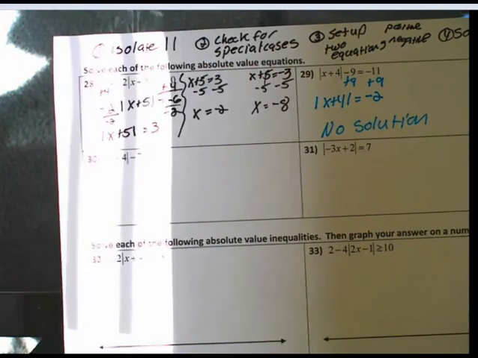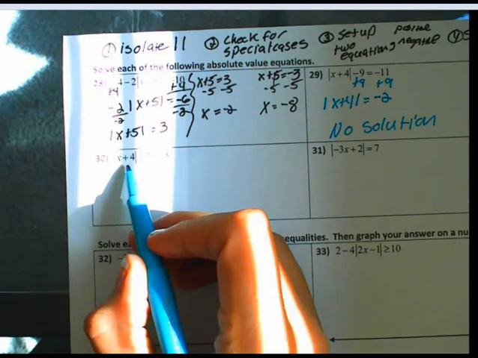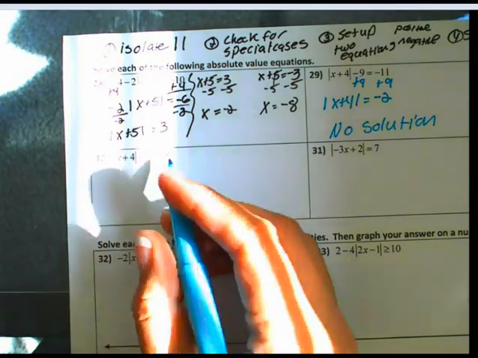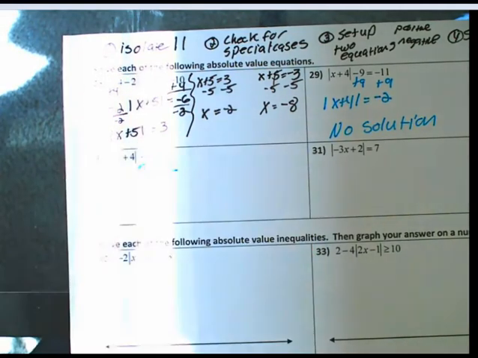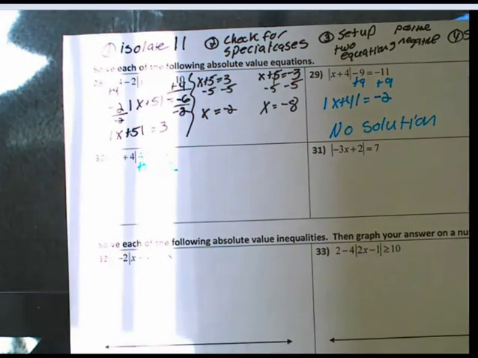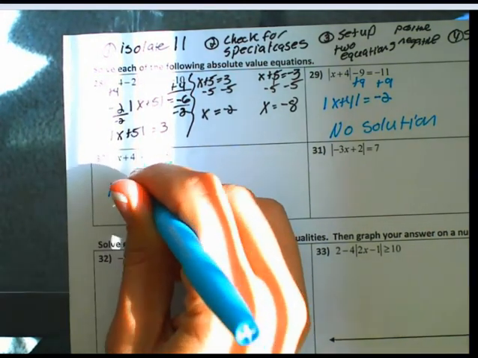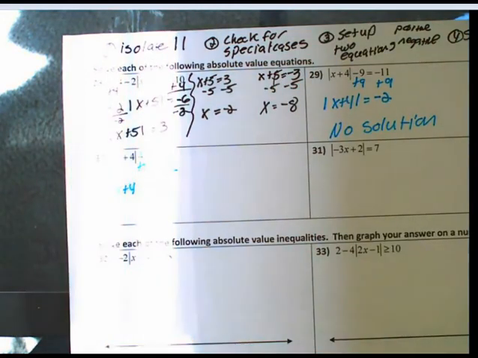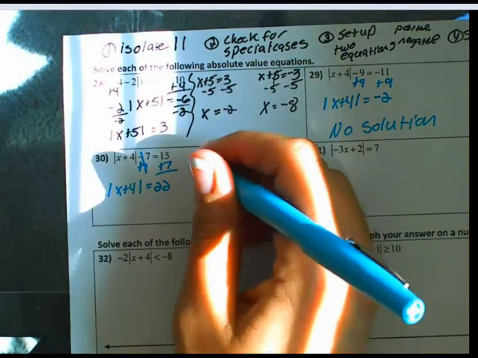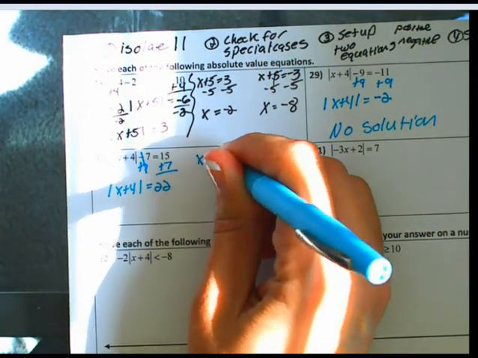All right, next one. The absolute value of x plus 4 minus 7 equals 15. So isolate our absolute value. Absolute value of x plus 4 equals 22. Check for special cases. It's not special. So we're going to set up our two equations. X plus 4 equals 22.